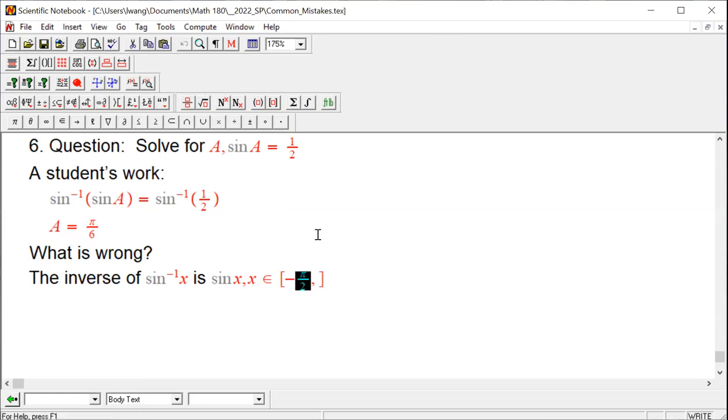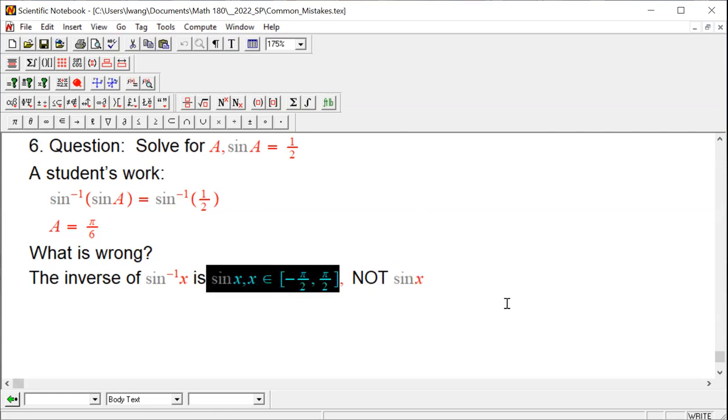And here we don't have such a specification for this sine. When this sine is mentioned, sine of A, not sine of X without any specification, we just talk about this function and that function.